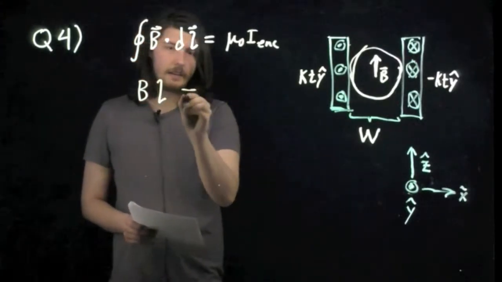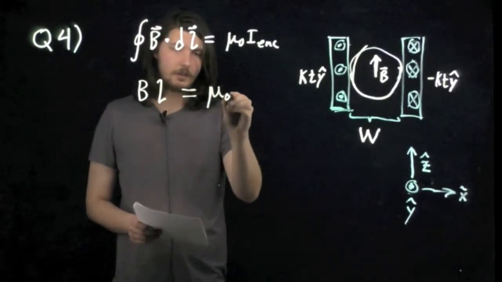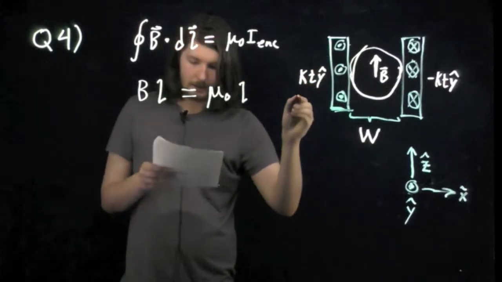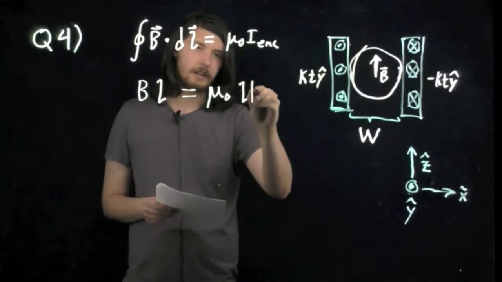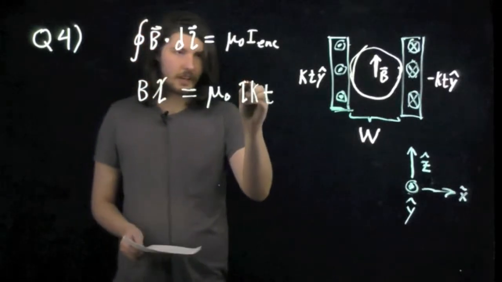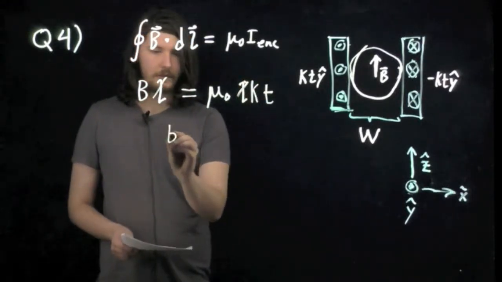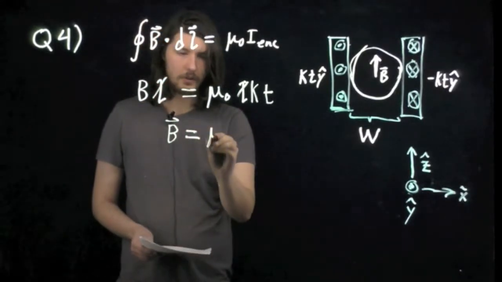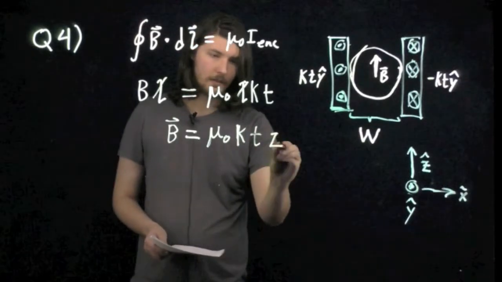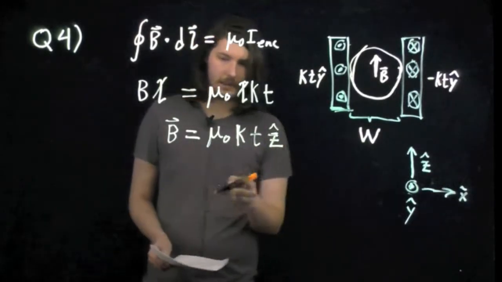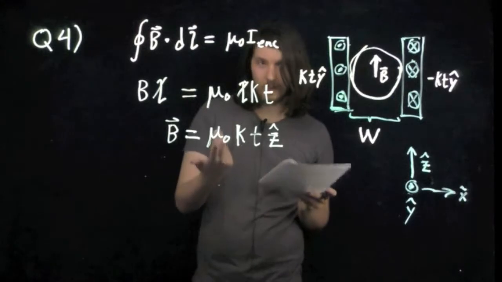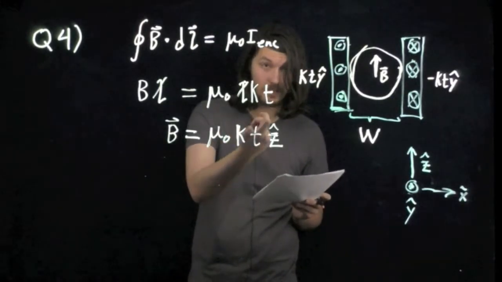Then you have a mu naught, and because this is a surface current, it's multiplied by K, so you have an LK, and then you have a t. These cancel, and you're left with a B field of mu naught K t in the z hat direction, which is very similar to what we got previously. The only real difference is that now you have this time dependence t.